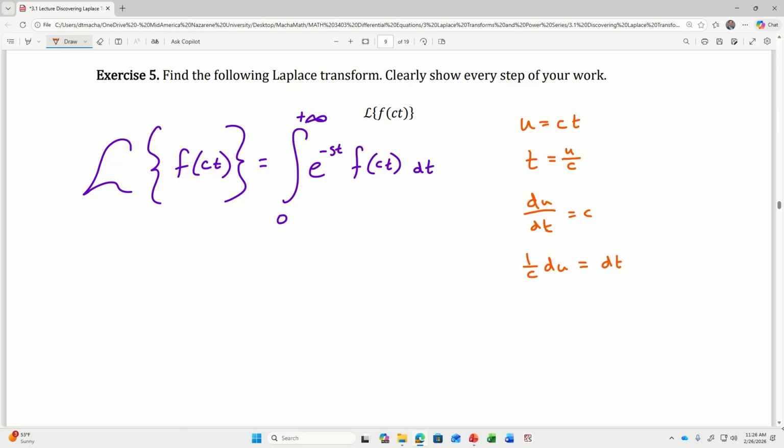Okay, now we're ready to do our substitution. And so we write the integral from 0 to infinity of e to the power negative s over c times u, f of u du, and don't forget the 1 over c. That's just a constant, so I can take that outside.